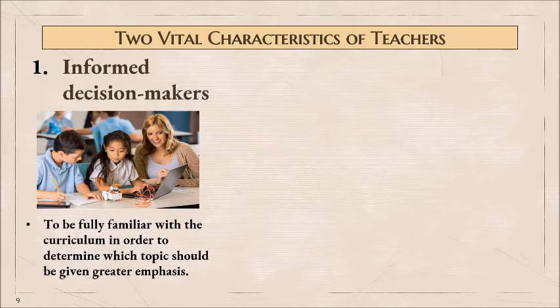And also, to become informed decision makers, kailangan alam din natin at magkaroon tayo ng idea sa mga prior knowledge na meron na ang ating mga estudyante by giving formative assessment activities. Ayan. So, kailangan din natin malaman yung aptitude na meron sila. Ano ba tong aptitude? Ito yung mga natural talents at special abilities ng mga learners.